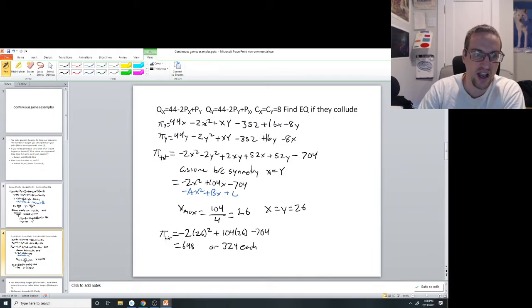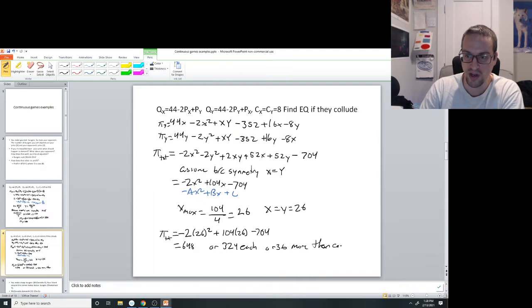So that's a gain over the 288 each. It's not a huge gain, but it's at least a 10% gain. They're just more than competing. So it's over 10% more just by working together instead of competing with each other.